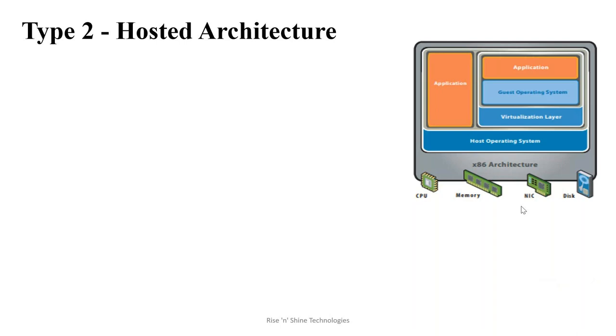On my host operating system, which is Windows, I can install the virtualization layer software, and using it I can share the physical hardware resources of my laptop with the virtual machines.